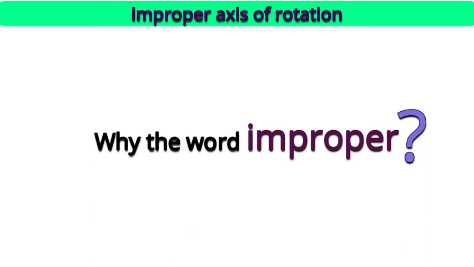But the rotoreflection operation is a combo operation. When we perform rotation, the line remains unmoved, I agree. But immediately after that, when we perform reflection, the upper point will come down and the lower point will go up, meaning they are disturbed. Only one point is not disturbed.